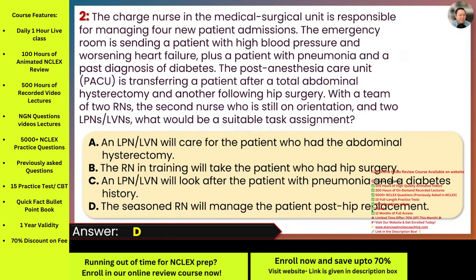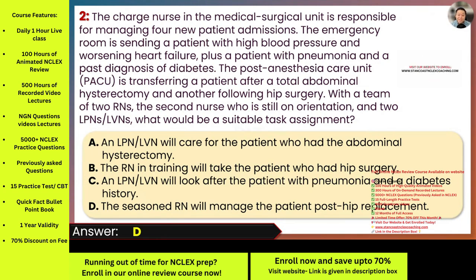And we have letter A as one of the incorrect options. Why is this incorrect? Well, a fresh post-op patient is not stable enough for this LPN or LVN, and there is a high risk for low blood volume. There's a risk for bleeding or infection. This will require frequent assessments and quick interventions, also skills that fall under the registered nurse scope.